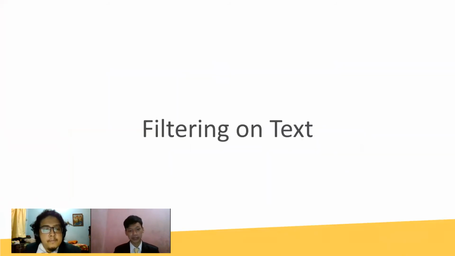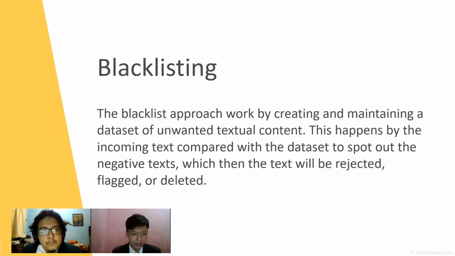Next is filtering on text. Blacklisting is an approach to filter text by creating and maintaining a dataset of unwanted textual content. This happens by comparing the incoming text with the dataset to spot the negative text, which will then be rejected, flagged, or deleted.